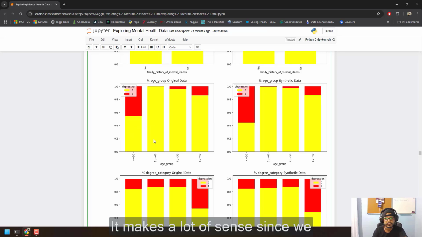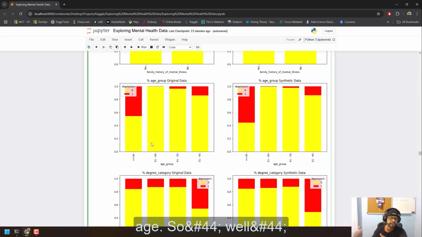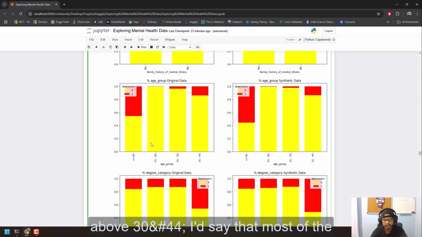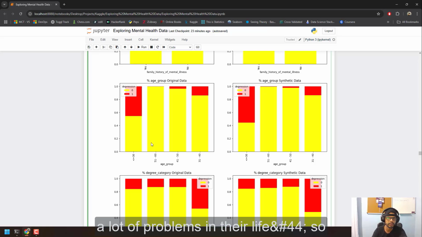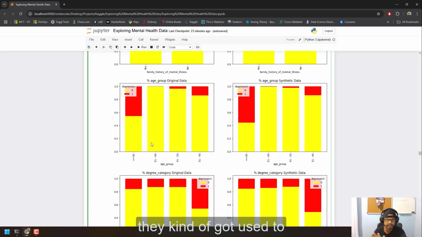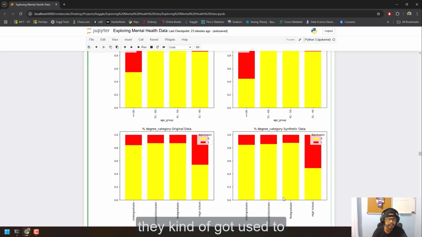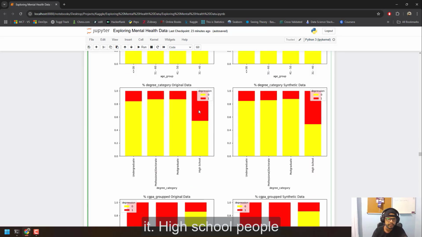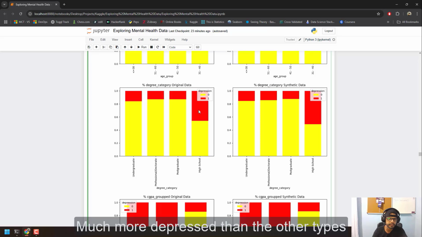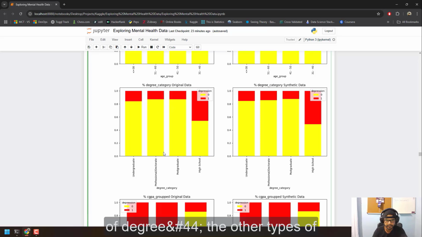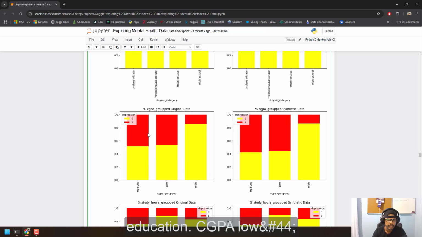It makes a lot of sense since we build resilience over the years. Above 30, most of the people are more resilient. They faced a lot of problems in their life, so they kind of got used to it. High school people are much more depressed than the other types of education.